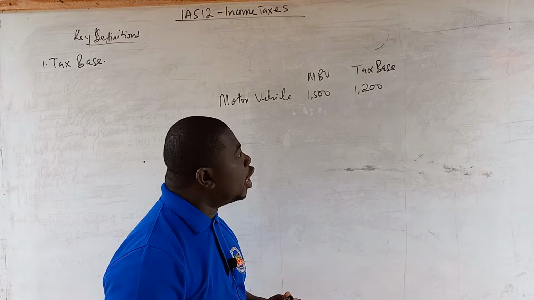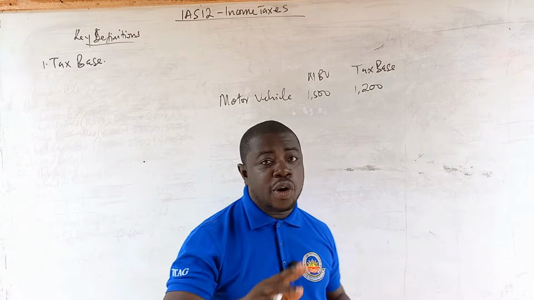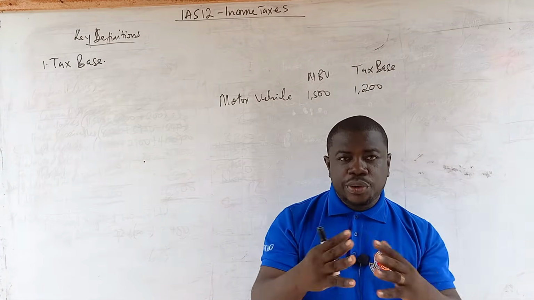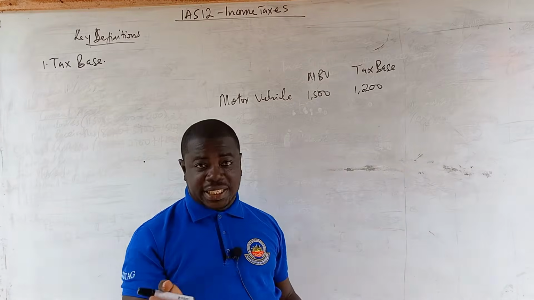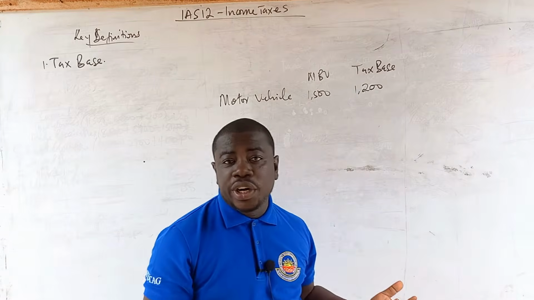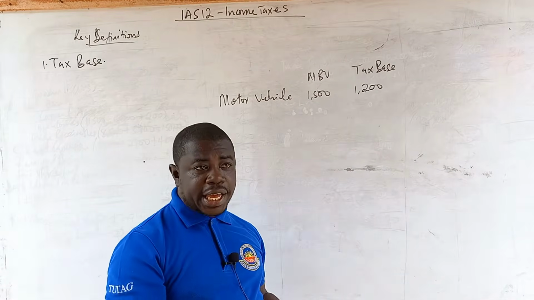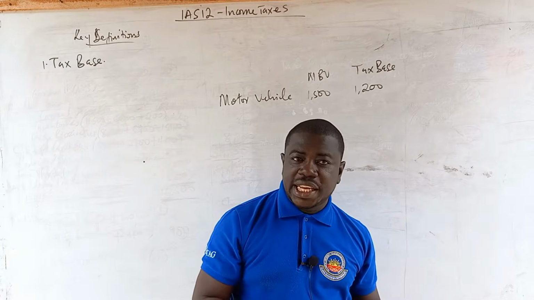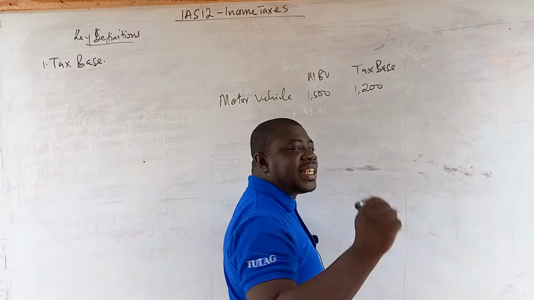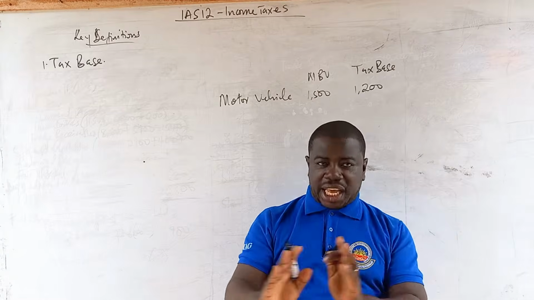So the tax base of an asset or liability could be a liability. We can still assign value to our liability. The authorities will come for tax purposes and assign a different value. It could be a bigger value than our own net book value, and it could be a smaller value. But what we are trying to say is that the tax base of an asset or liability is the value that has been assigned to the asset or liability for tax purposes.